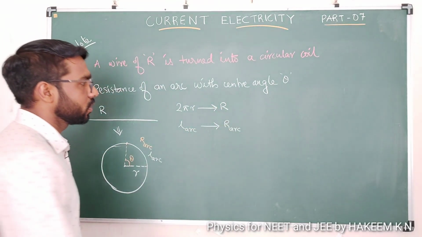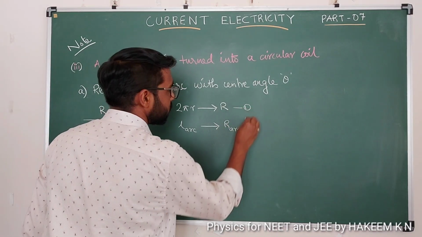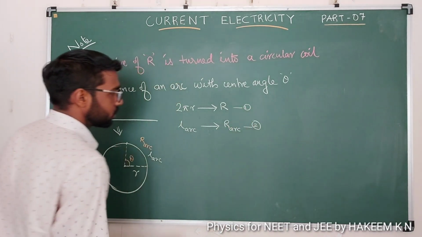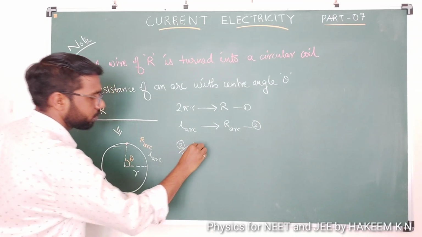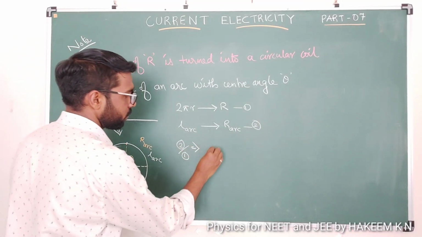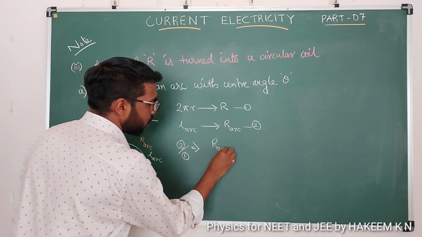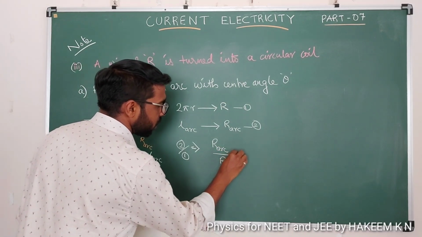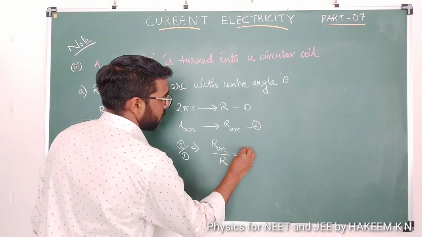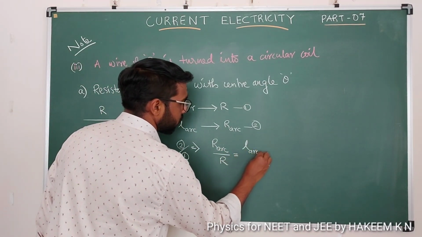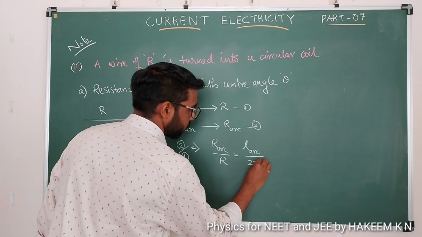I am dividing these two cases, 2 by 1. Then we will get R arc by capital R equal to L arc by 2 pi r.